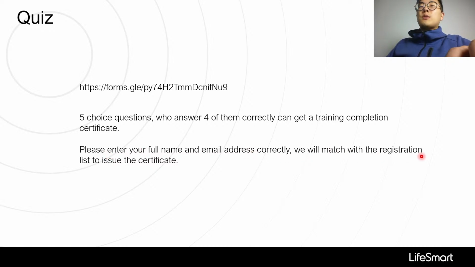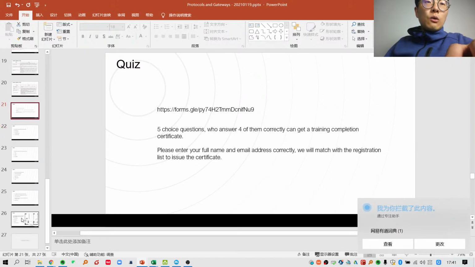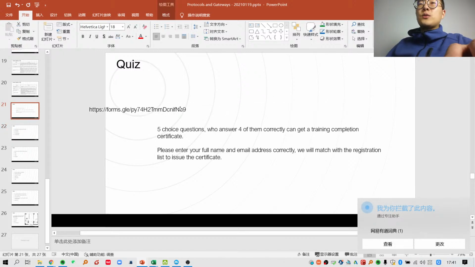We will match them with the registration list to issue the certificate. So you need to register beforehand for this training, finish the quiz, and enter the name and email address correctly. If you answer 4 of them correctly, we will issue a training completion certificate to your email address. Let me copy this link to you guys.